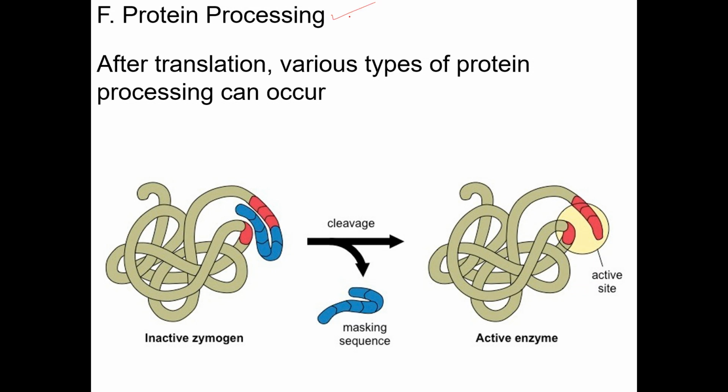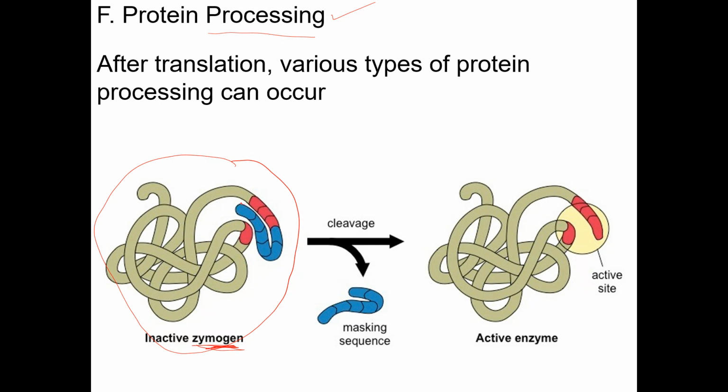Once you actually make the protein, it can be processed. So sometimes once the polypeptide is made, it folds and you have an active protein right away. Sometimes it needs to bond to another polypeptide. Sometimes, though, it's made here in an inactive form. We've seen this with pepsinogen, and then the acid activates it to become pepsin. Here we're seeing it with zymogen. I don't even know if I'm saying that right.